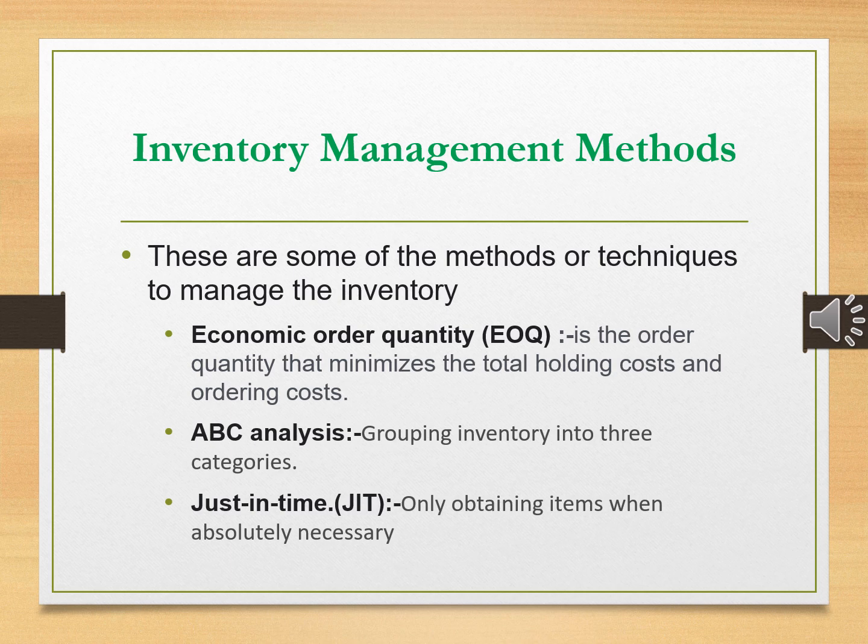The next one is inventory analysis, called ABC analysis, grouping inventory into three different categories according to their value or usage. And the last is just in time, called JIT, so only obtaining items when they are absolutely required or necessary at that particular time.